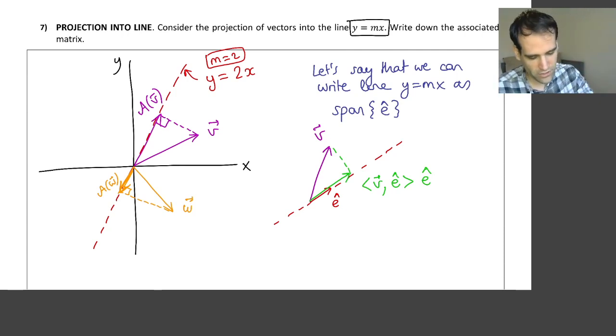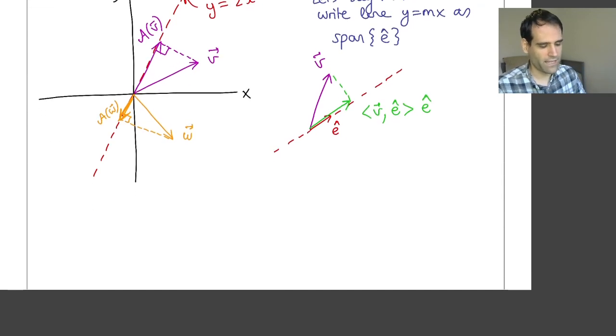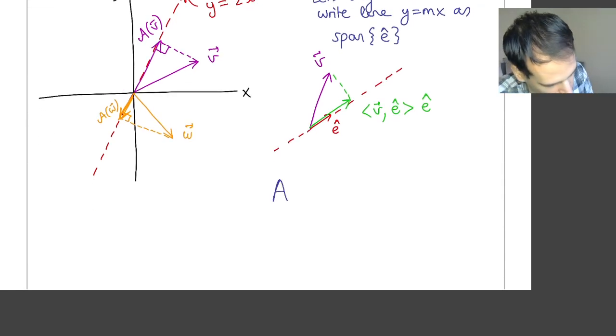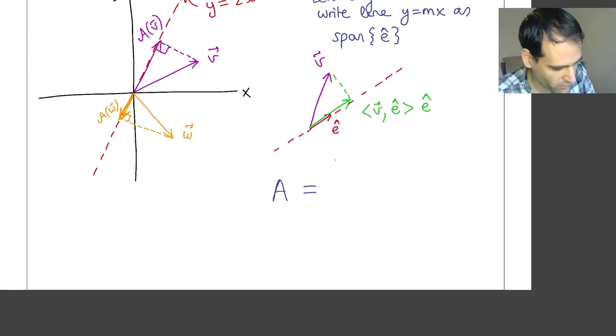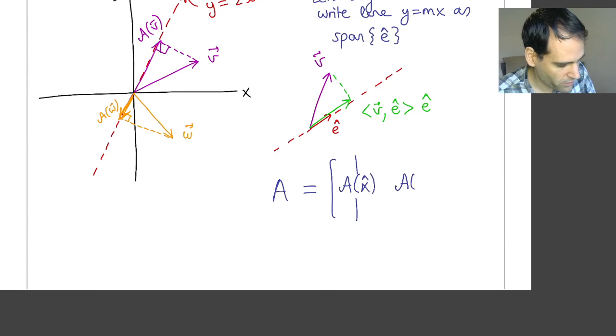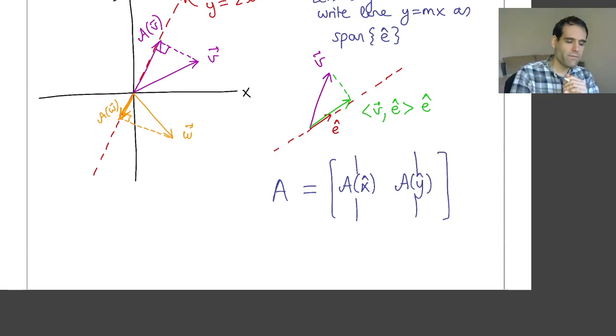For example, we could project x hat and y hat. Why do we want to do that? Because we ultimately want to find a matrix, and this matrix wants to be the projection of x hat as the first column and the projection of y hat as the second column. So our aim should be to find these two columns, right?